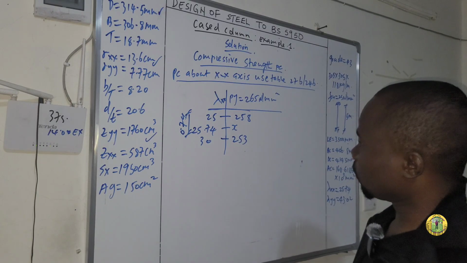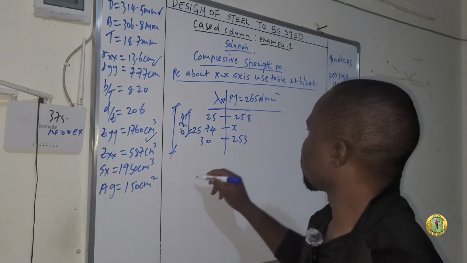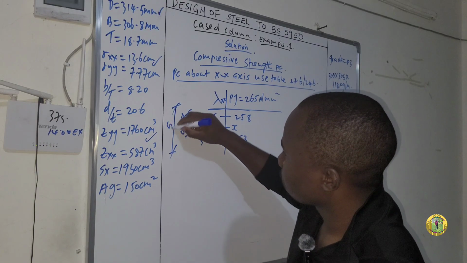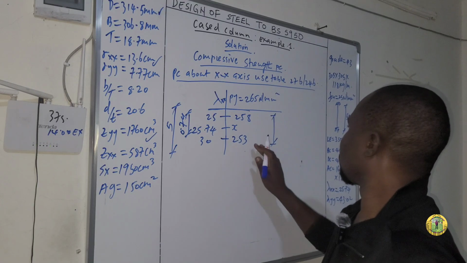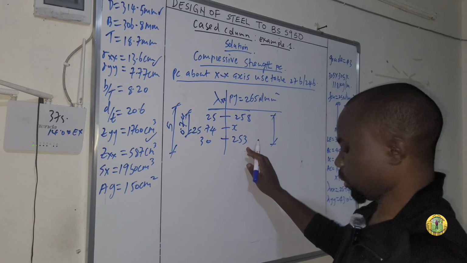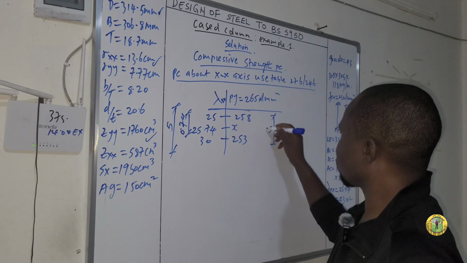This is 0.74. And again, this one, this is 5. Again, this one, 258 minus 253. This is 5 also.